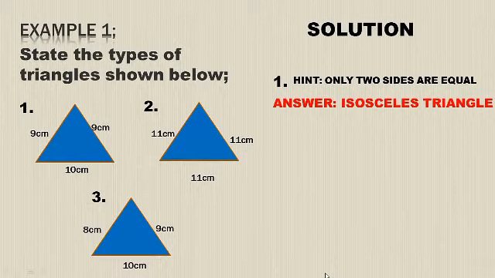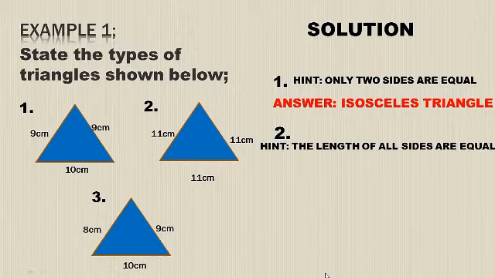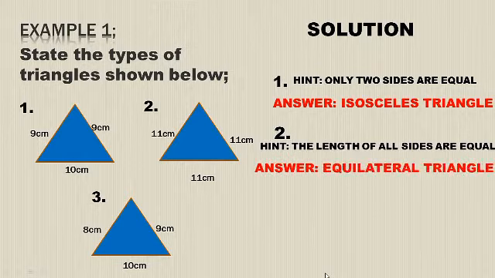Number two, now you can tell me the type of triangle we have in number two, and if you get the answer correctly, applaud yourself. The hint says the length of the three sides are equal. As you can see, they are all 11 centimeters in dimension. So if all the sides are equal, it therefore means that this is an equilateral triangle.